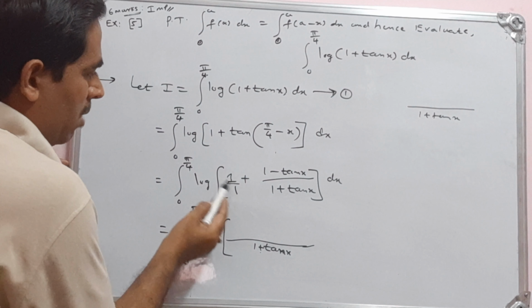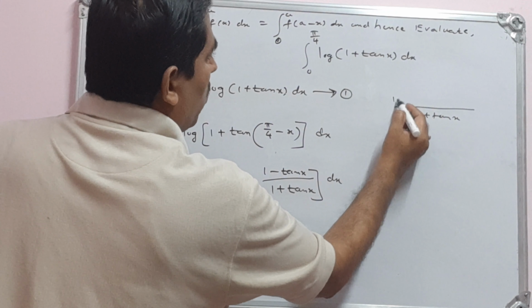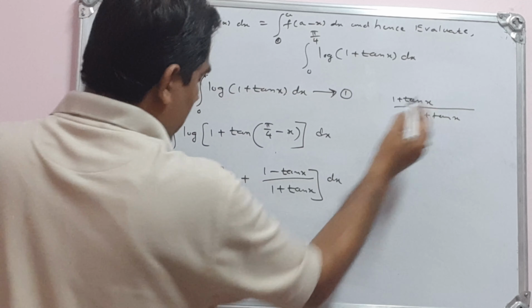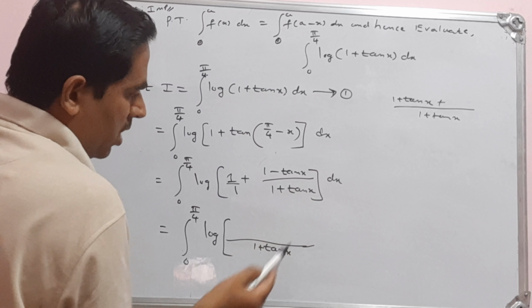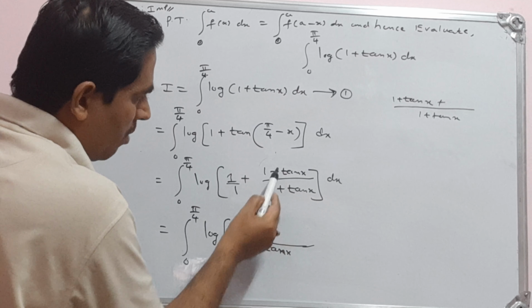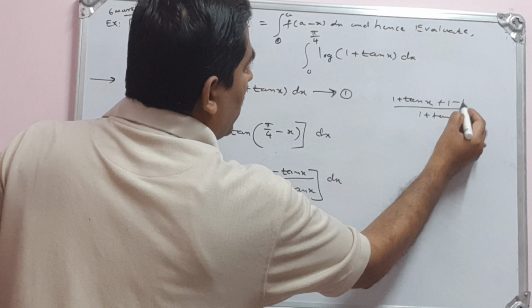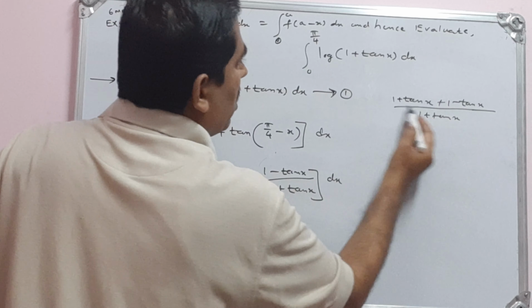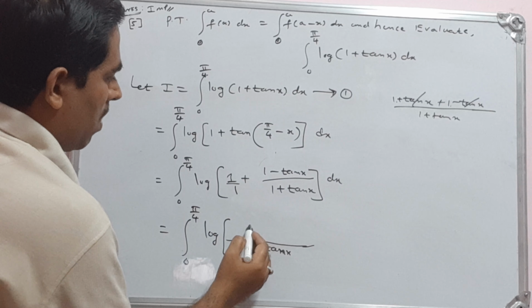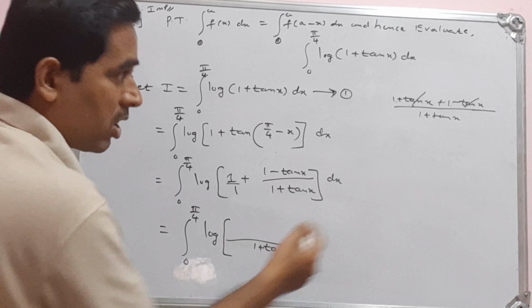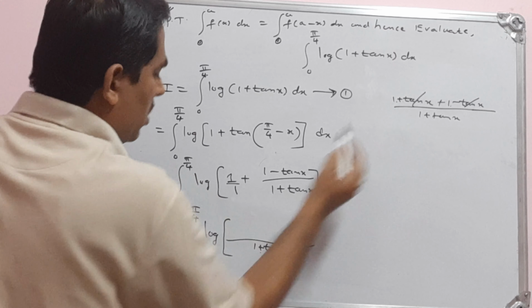For the numerator, multiply every term by the LCM. The first term is 1 plus tan x, plus 1 minus tan x by 1 plus tan x into 1 plus tan x, where the denominator is the same, so the numerator is 1 minus tan x. The tan x terms cancel, and we get 1 plus 1, that is 2, so 2 by 1 plus tan x. After simplification we'll get that. I will write this step here.